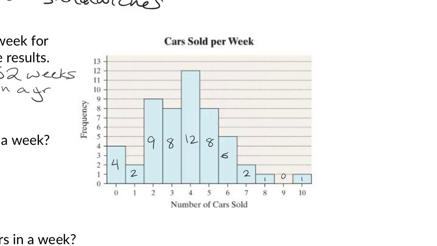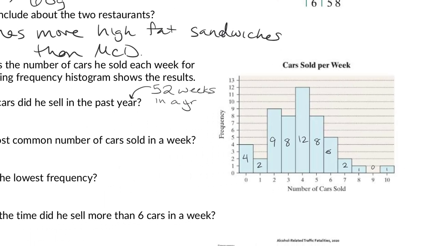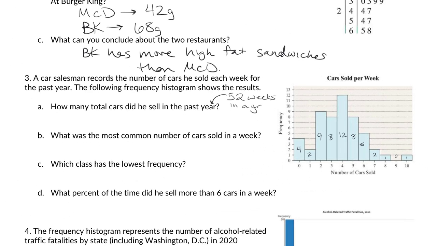So what I'm doing to figure out how many cars he sold in total in the past year is I'm going to multiply the frequency times the number of cars, because that's what this histogram is showing me. So if I was really showing all of my work, it would be 0 from the first column, 2 from the second, 18 from the third, 24, 48, 40, 30, 14, 8, 0, and 10.